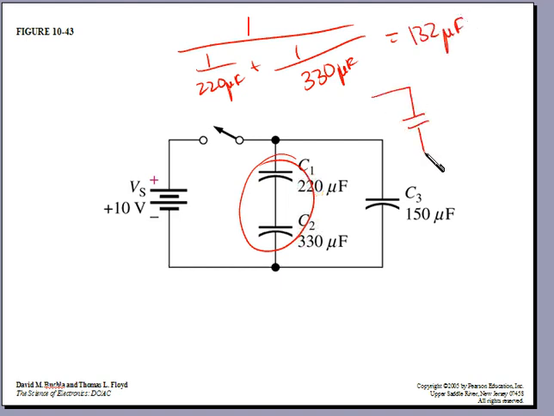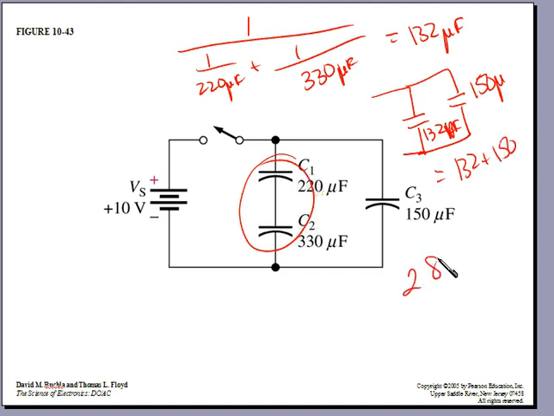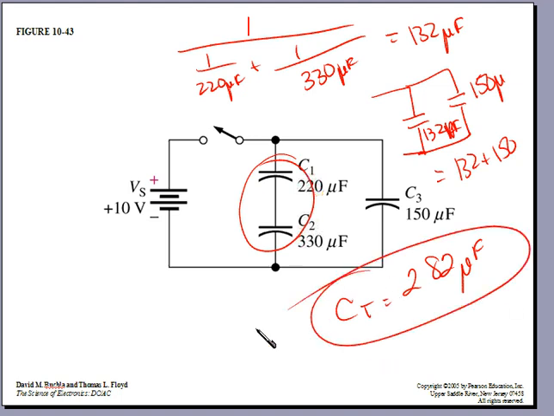So I then have the 150 micro, and this is my equivalent 132 micro, and in parallel I just add. So that's going to be 282 microfarads for that.